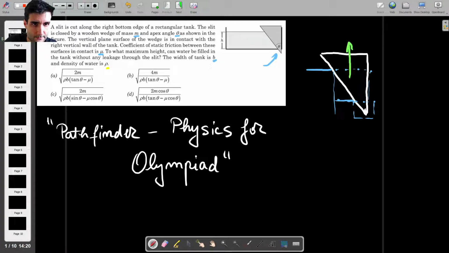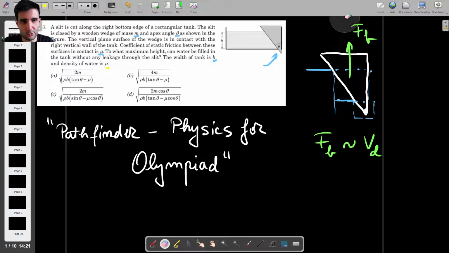So this buoyant force, this vertical component of the pressure force, is proportional to the volume of the displaced fluid. And obviously, the more liquid we put in, the more displacement we get, and the bigger the force, the more likely we are to push the wedge out of the slit. We want to find the limiting height at which the wedge is still in the slit.